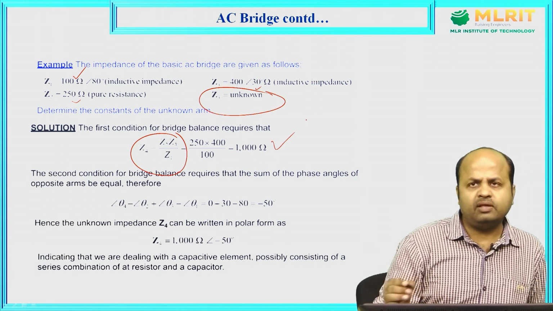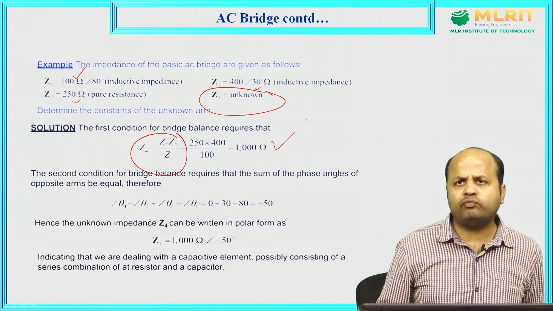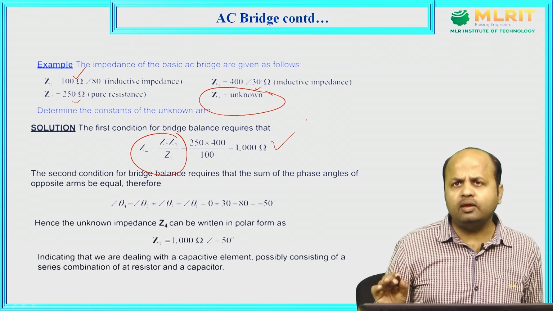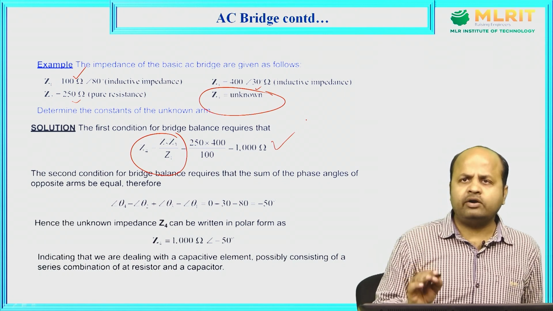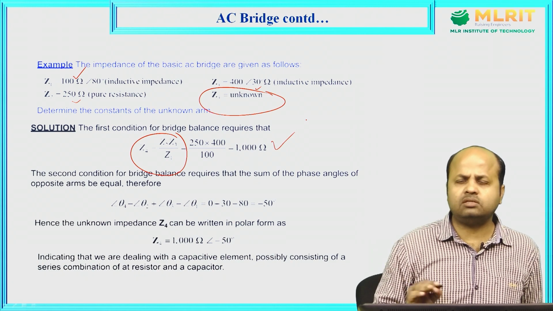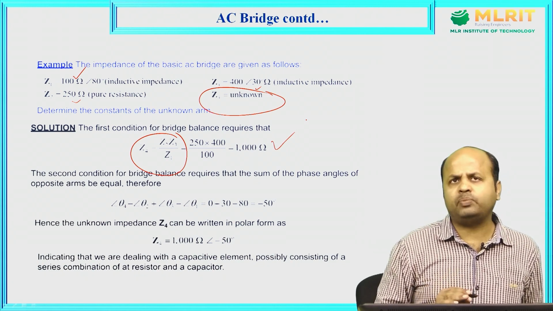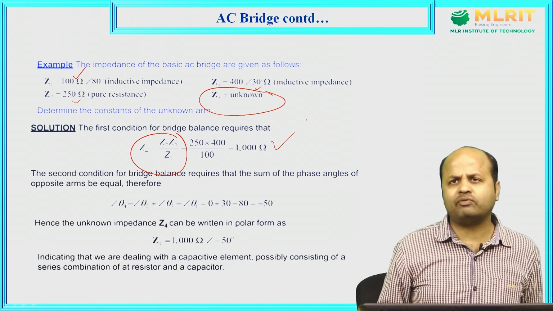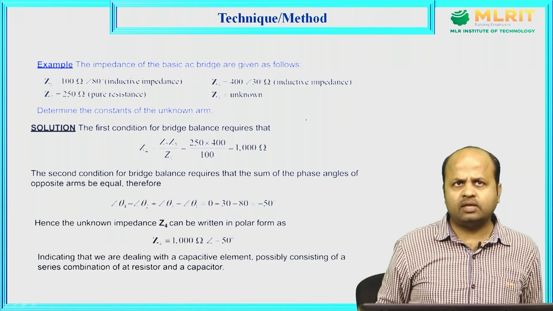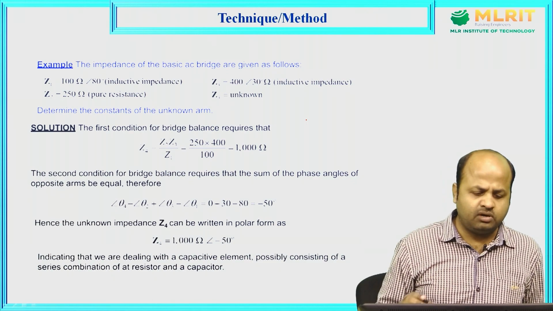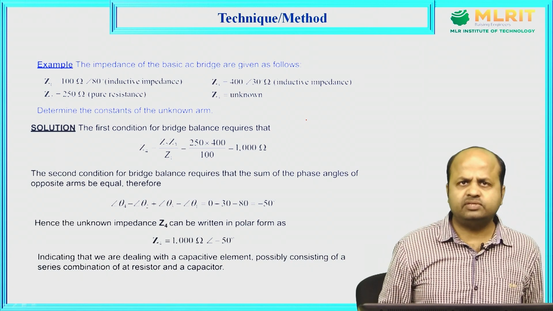In this way, an AC bridge is used to find the unknown impedance and a DC bridge is used to find the unknown resistance. So this is the basic difference. In AC bridges we can find the unknown impedance and in DC bridges we can find the unknown resistance. Okay, so this is another example. Z1, Z2, Z3 are given. Similarly we can find Z4 like that.